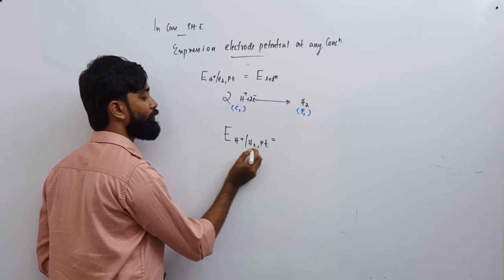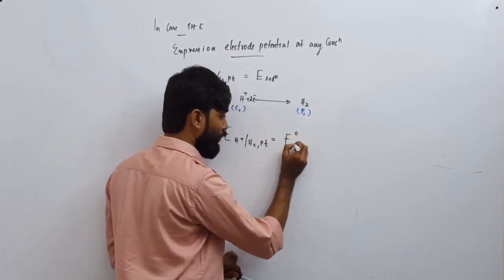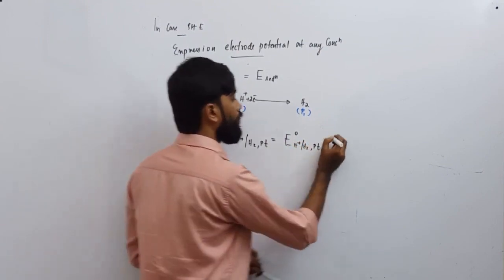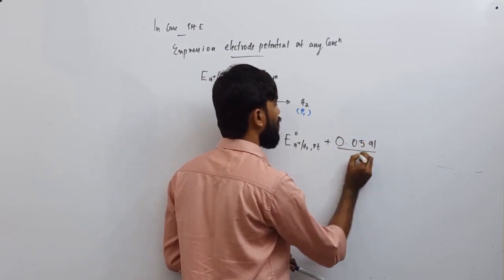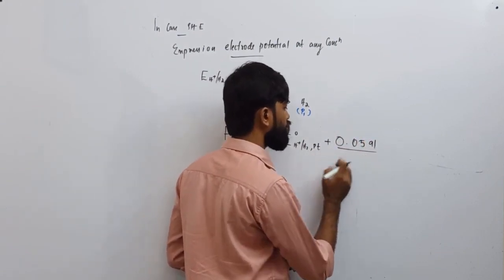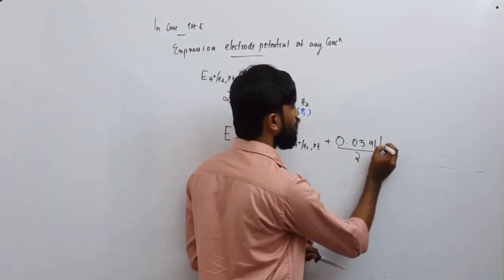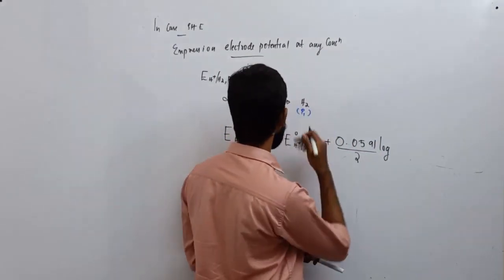So E of H+/H2, Pt equals E0 of H+/H2, Pt plus 0.0591 by n, and in case of SHE, n will be 2, log of reactant by product.